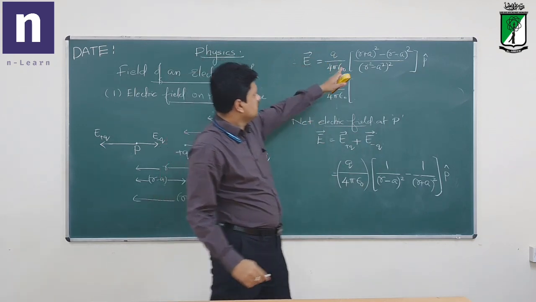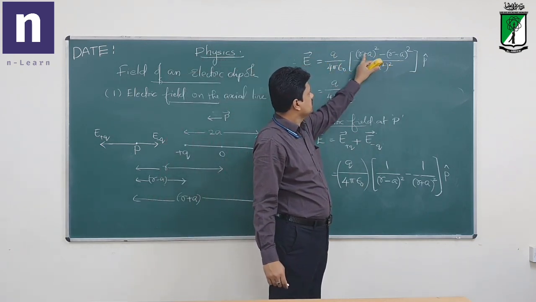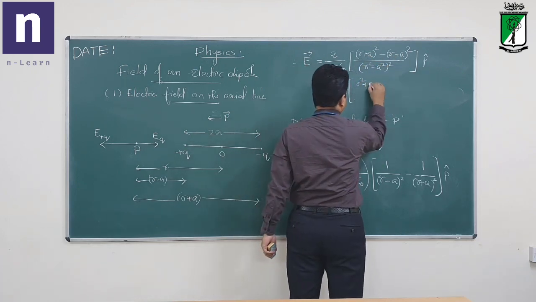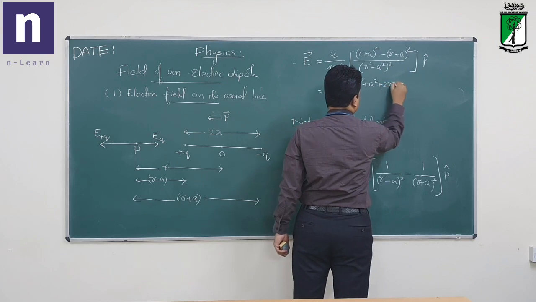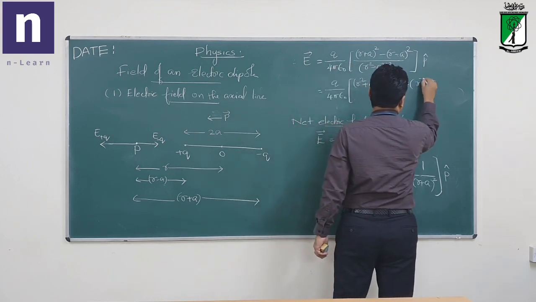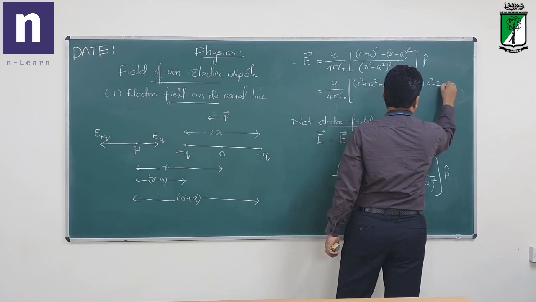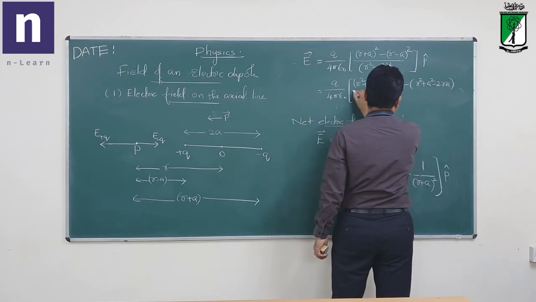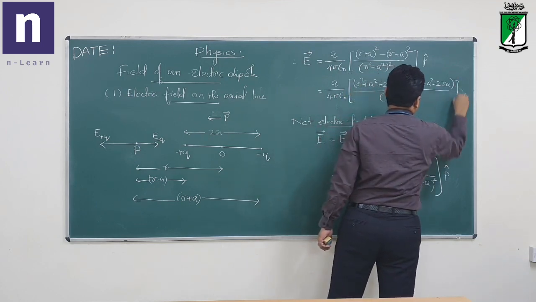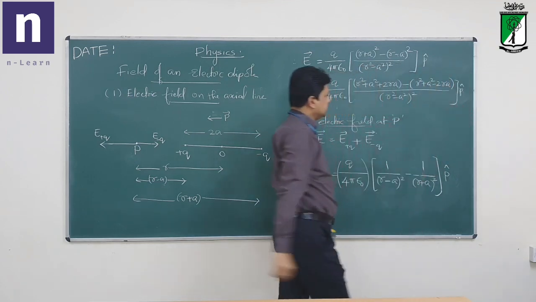Now let us just simplify that further. So this is r square plus a square plus 2ra, minus r square plus a square minus 2ra, divided by r square minus a square whole square into p cap.